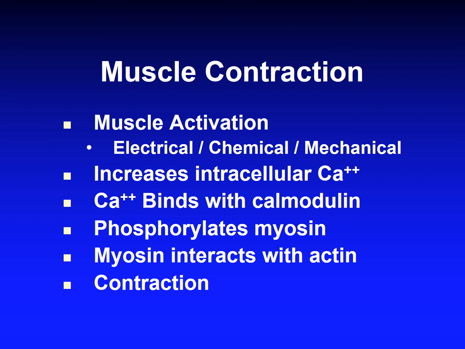So when these two things happen, not either or, it's both, they must happen, muscle contraction happens. It happens when the stimulation takes place, mechanical or electrical or chemical. Calcium is increased inside the cells.